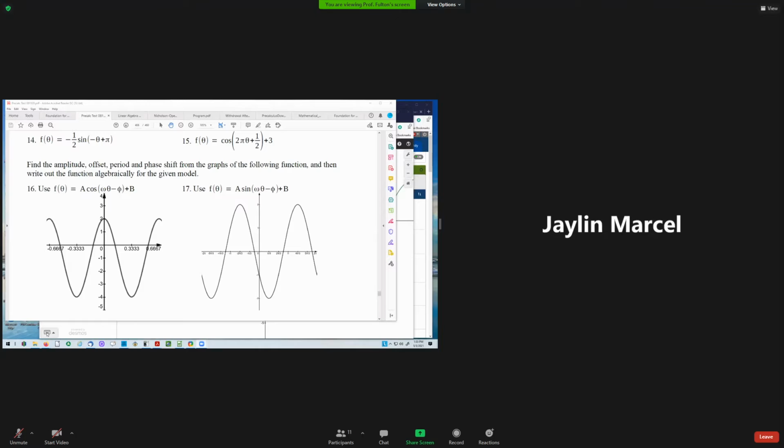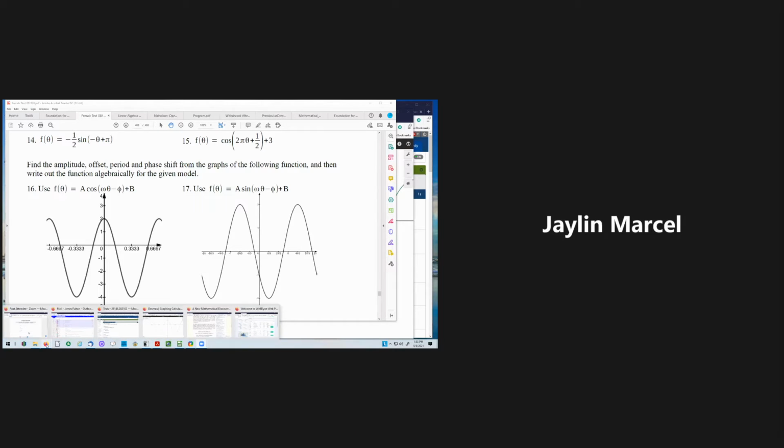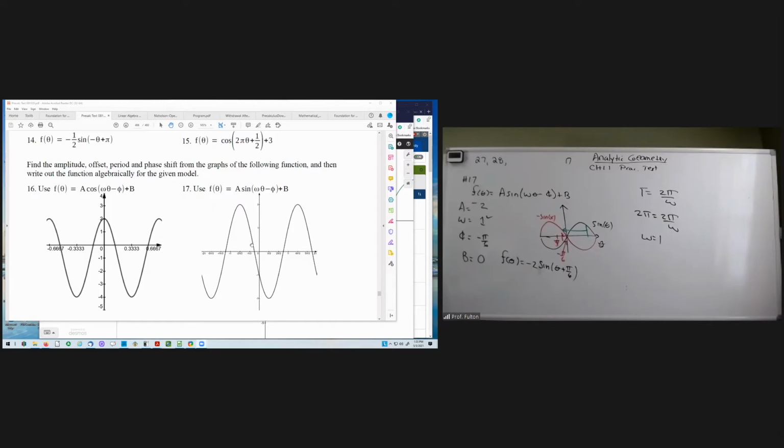Sorry, Professor, how did you find the phase shift again? So I'm comparing this graph right here. And if I was to move this function upwards so that this point here just touched 0, that would be minus the sine of x. What happened? I went from this point to this point, and estimating it's about halfway between.